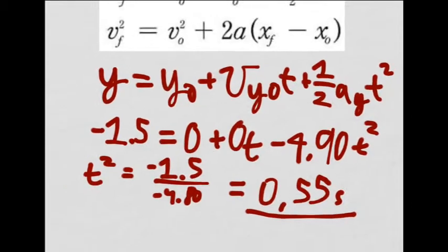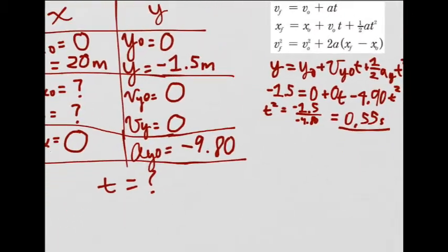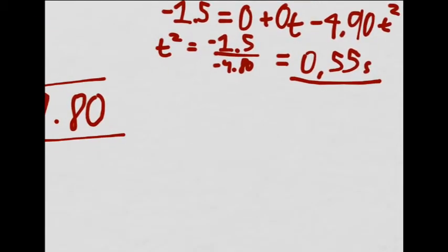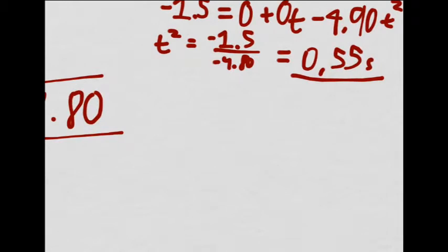Now we find the initial velocity, since the only unknown variable left is initial velocity. So let us use equation number 2 again, but this time in the x direction. Final position of x is 20 meters.